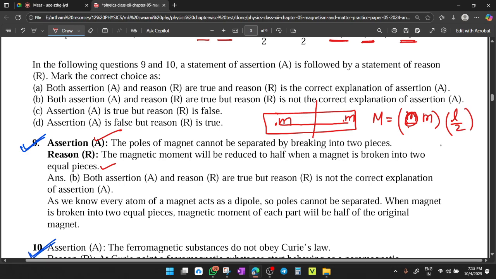So m dash equals m into L by 2, which is half of the original dipole moment. Clear? So both are correct, but the reason is not the correct explanation of the assertion. So answer B is correct: both assertion and reason are true, but R is not the correct explanation for A.